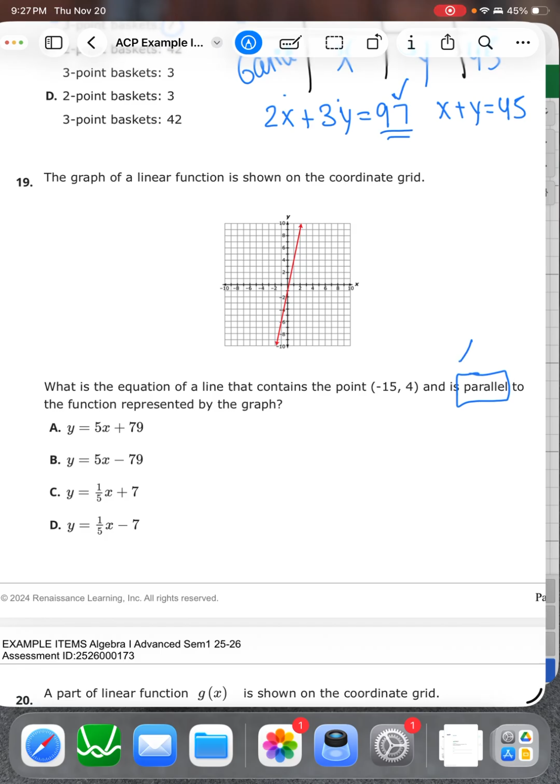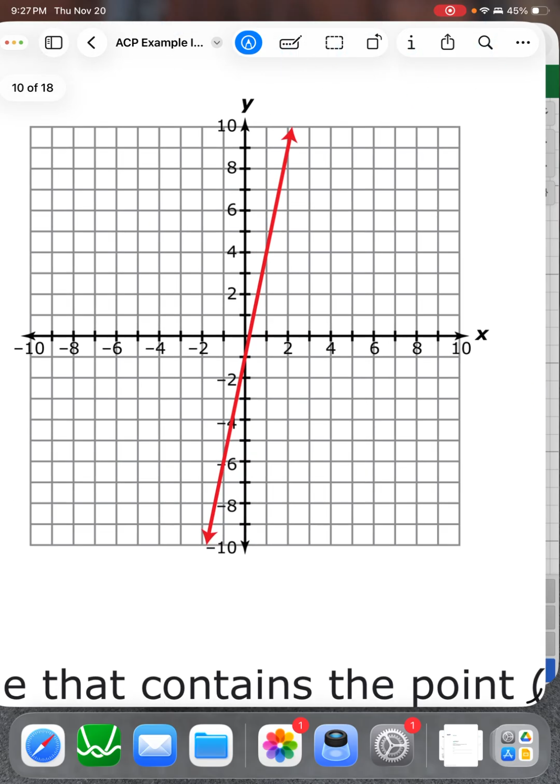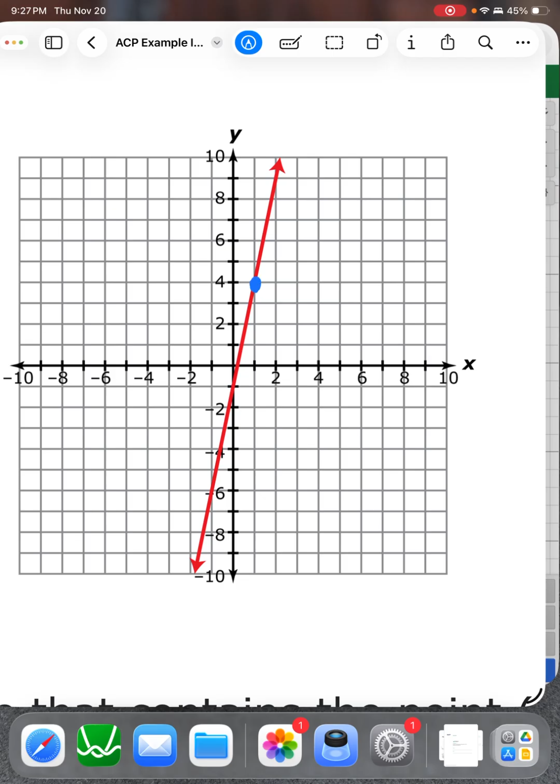So parallel, remember that we have our slope twins. Okay, well I first obviously have to get my equation here, right? So I'm going to find 2 perfect points so I can write the equation of this line. So here's 1 point, I'm at 1, 4, and 0, -1.